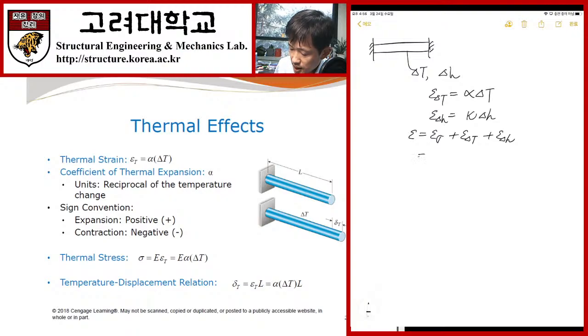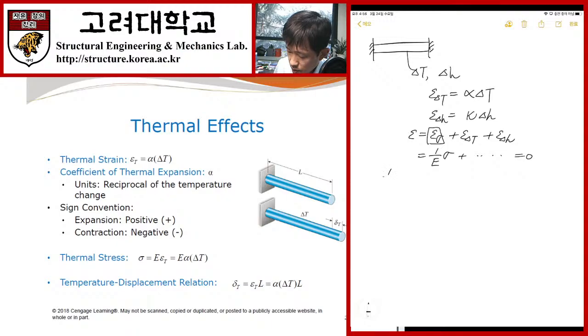And then the strain caused by stress is governed by the Hooke's law. So 1 over elastic modulus and stress. So make sure that both ends are fixed, which means the total strain should be equal to 0, isn't it right? That's subject to the compatibility condition.